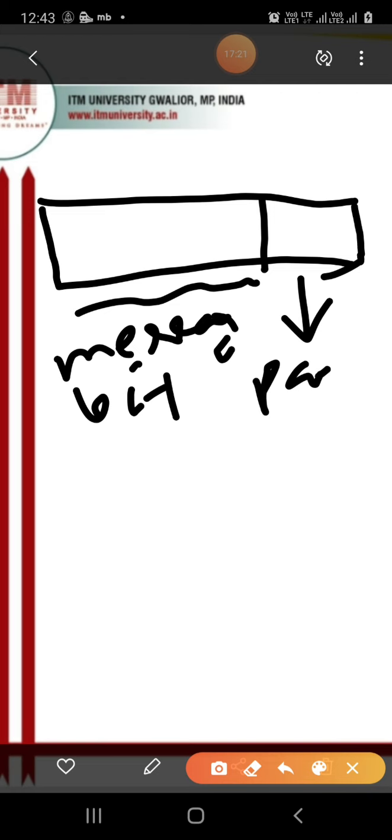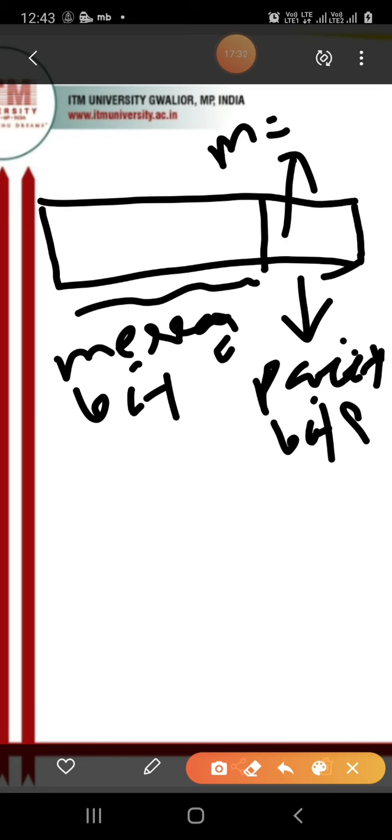This part is for message bits, and this is for parity bits. The parity bits, m, are equal to n minus k.